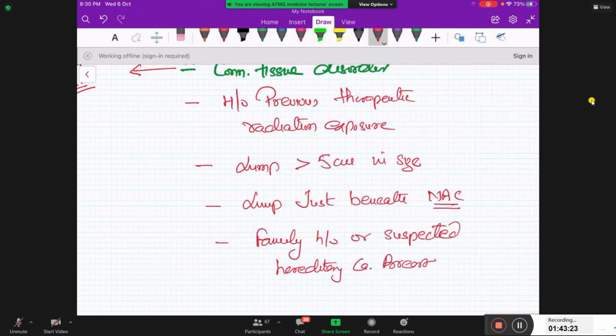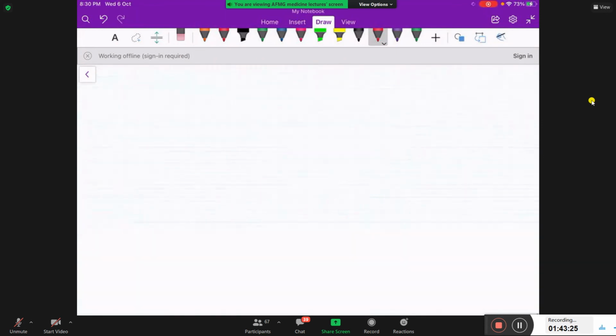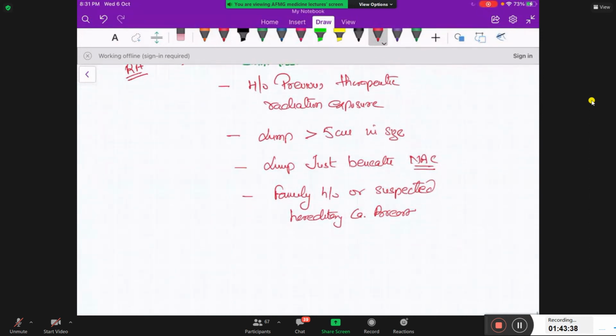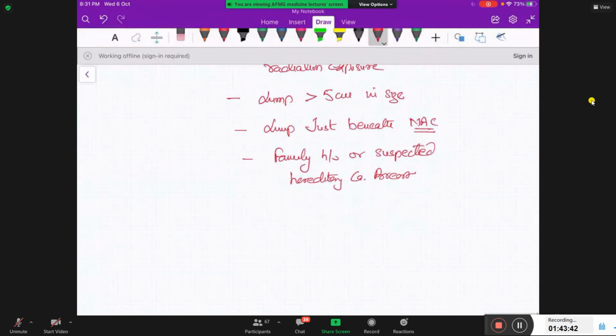Family history or a suspected hereditary carcinoma breast. Right? So these are the contraindications to BCT. If you are not doing BCT, you will do MRM.